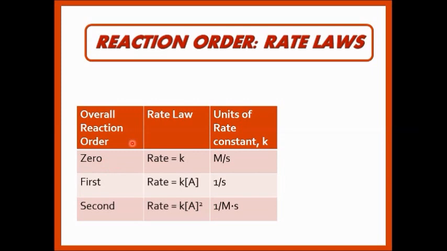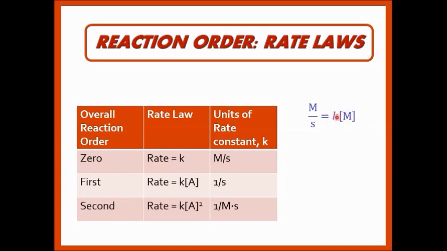As we change the overall reaction order, that leads to a change in the units of our rate constant k. For example, for a first order reaction, rate is equal to the rate constant times the concentration of A. Rate is a measurement of the speed of the reaction, so molarity per second is the unit of the rate of a reaction. That's equal to our rate constant, whose units we need to figure out, times the concentration of reactant A, which is in molarity.